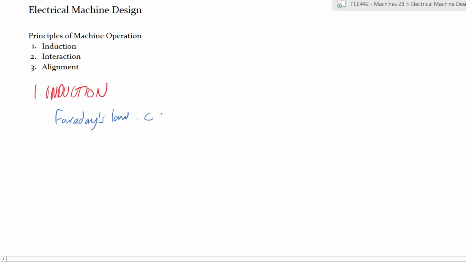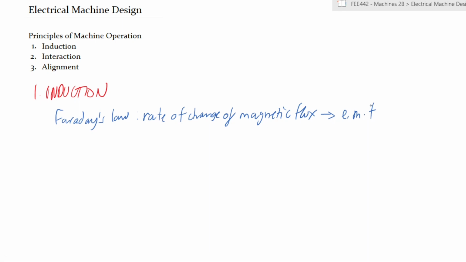So when you have a change of magnetic flux, the rate of change of magnetic flux, you will then have an EMF being induced or being generated by a rate of change of magnetic flux. So what does this mean?